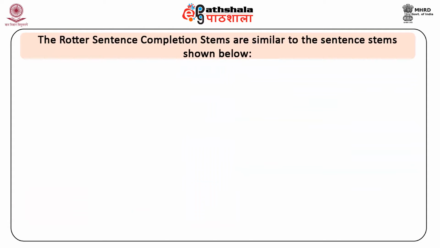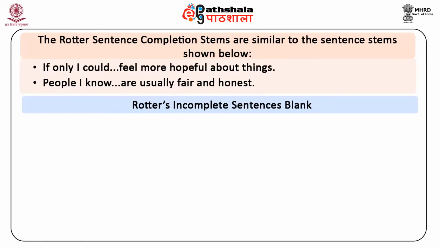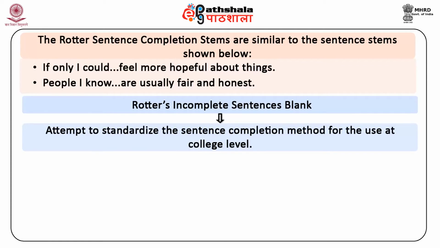The Rotter sentence completion stems are similar to the sentence stems shown below. If only I could feel more hopeful about things. People I know are usually fair and honest. The Rotter's incomplete sentences blank is an attempt to standardize the sentence completion method for use at college level.